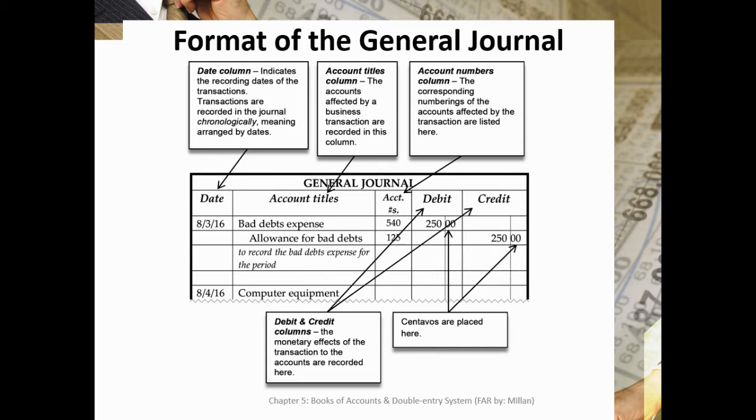Next is yung debit at yung credit. So debit and credit columns, the monetary effects of the transaction to the accounts are recorded here. So makikita mo din na yung mga centavos are placed dun sa dulong column. So other columns may be included. Pwedeng may posting reference, may journal entry number, may mga ganun pa.